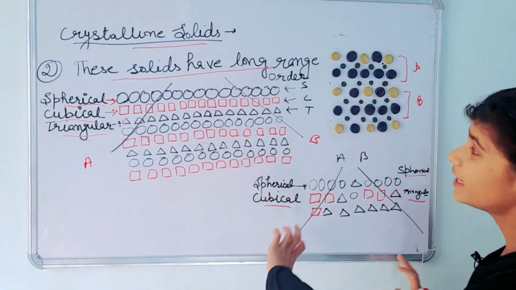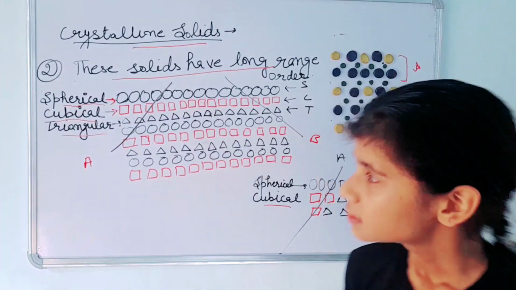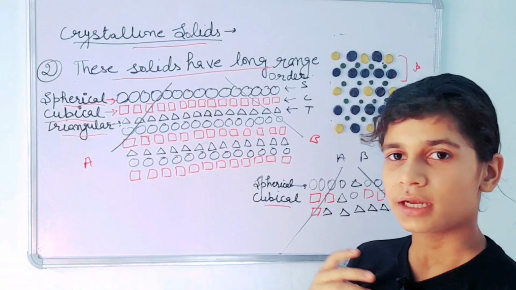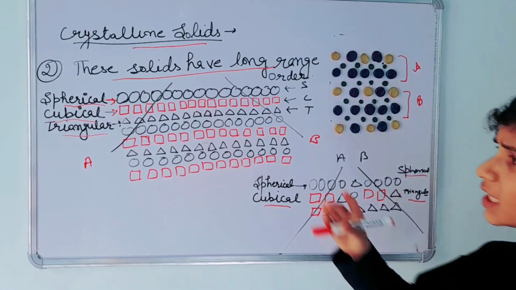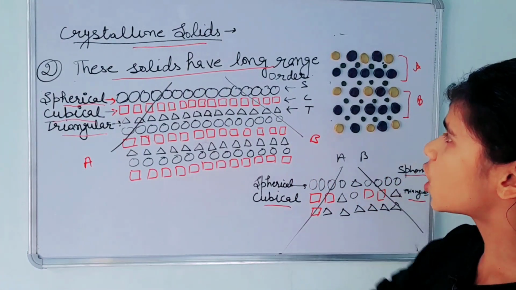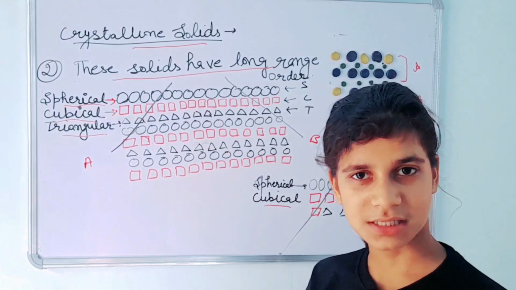So if it is not crystalline solid, it does not have long range order, and if it is crystalline solid, it has long range order. I think you understand this point.